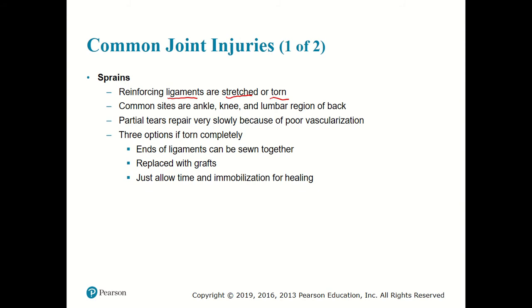So what are some of the common sites? The ankle, number 1, the knee, number 2, and the lumbar region of the back, right? That's the small of the back. So if you were to look at a side view of a back, you've got the neck here, and then this area here kind of snakes around this way.